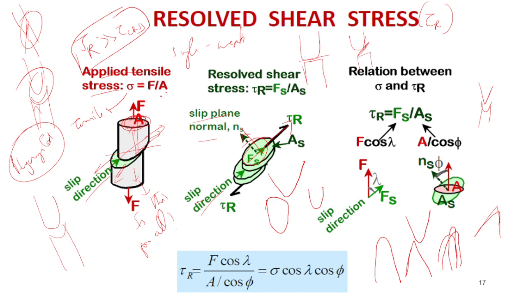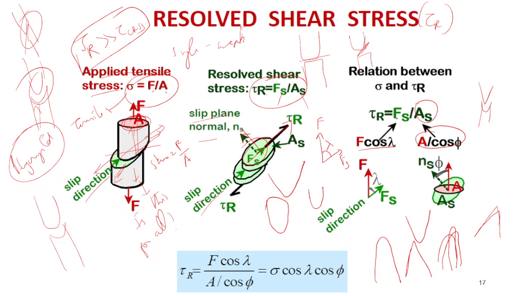So we know that the general formula for stress is force by area, right? For tensile stress, this is it. For shear stress, it is shear force by shear area. If we relate these two, we are trying to relate this force with shear force. This force is at an angle of lambda from the tensile force, so it is F cos lambda, and the area being sheared is A by cos theta.